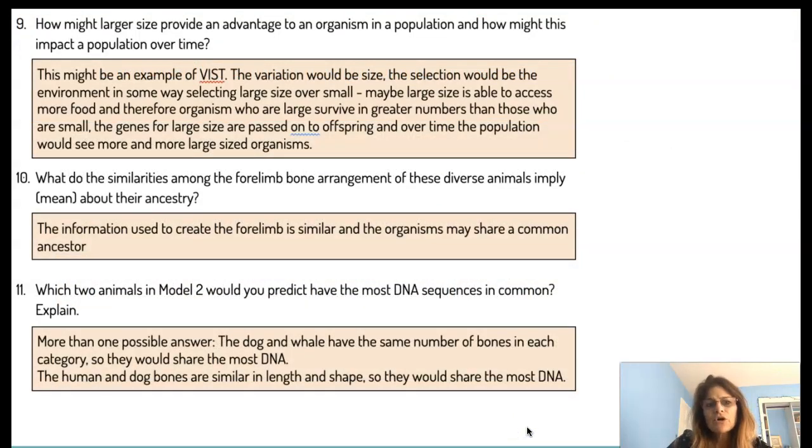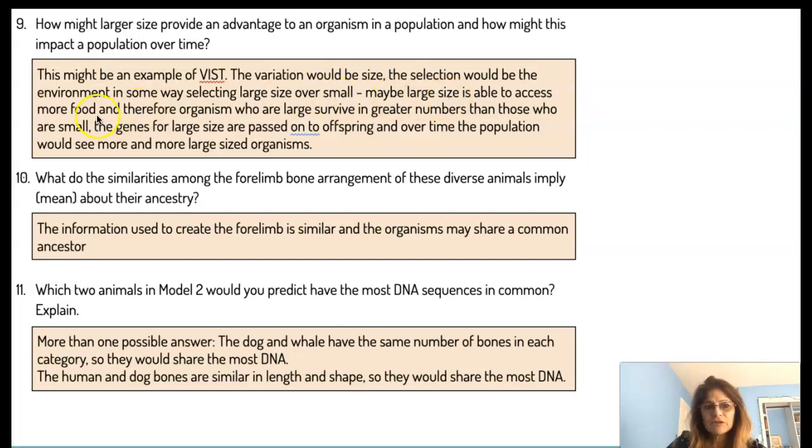How might larger size provide an advantage to an organism in a population, and how might this impact a population over time? This could be explained if you remember VIST, which we learned at the beginning of the year: variation, inheritance, selection, and time. So the natural genetic variation would be the size. The selection would be the environment that, for whatever reason, was selecting large size over small size for better survival.